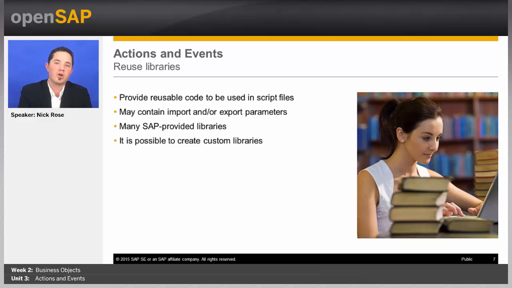Now we can also define our own reuse libraries. We can define whatever we want. This is one place where you will see we do have import and export parameters. So we'll have to pass some type of data to the reuse library, and then we can pass data back. This is code that we can maintain as developers.